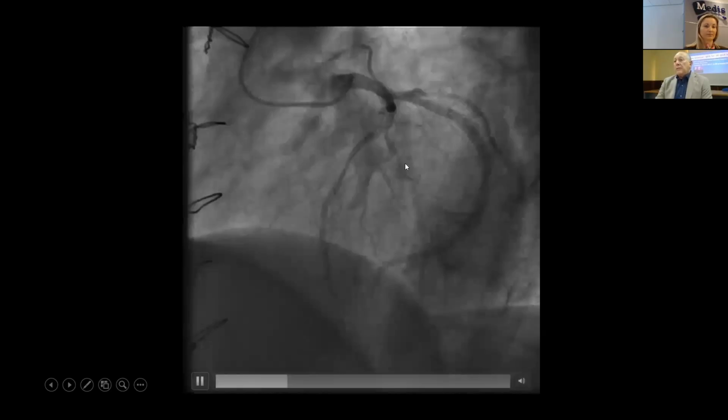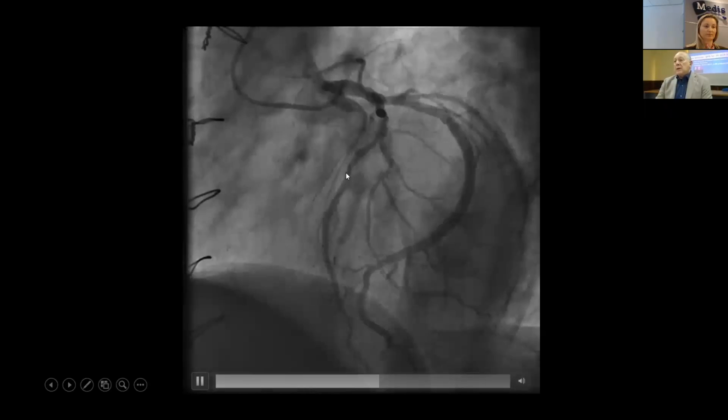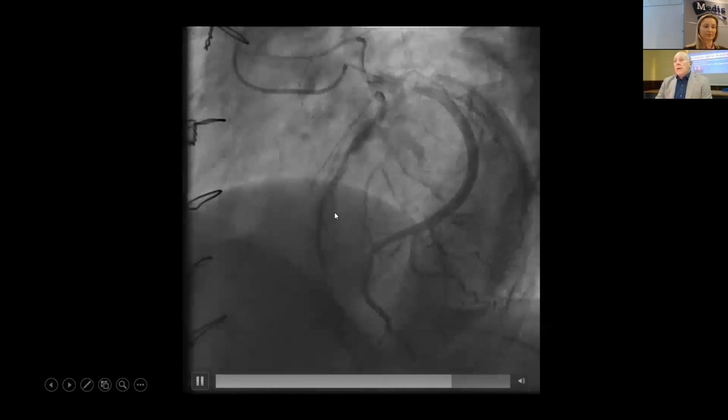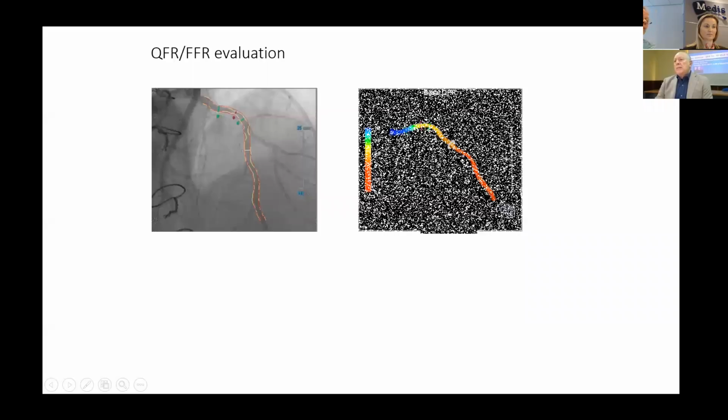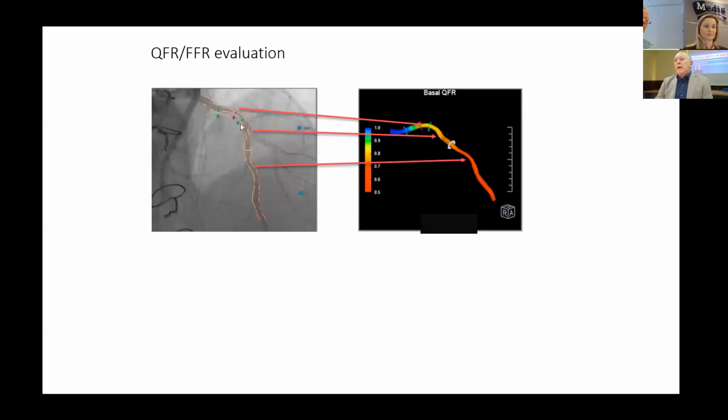This is another view. You can see the lesions in the LAD. Okay, now we performed QFR and FFR evaluation in this case. This was the QCA, and this was the 3D reconstruction. You can see here the correspondence of QCA and 2D with the 3D reconstruction.